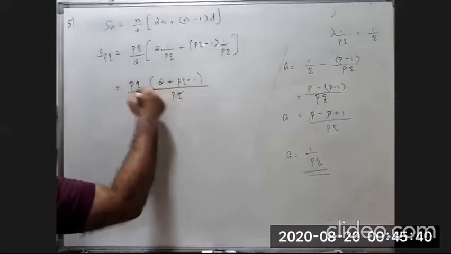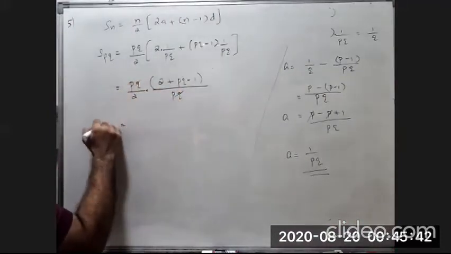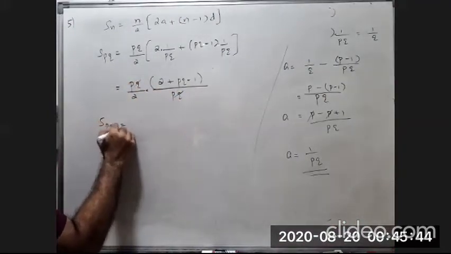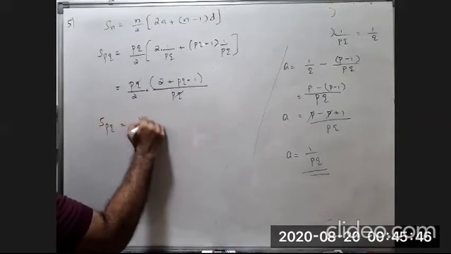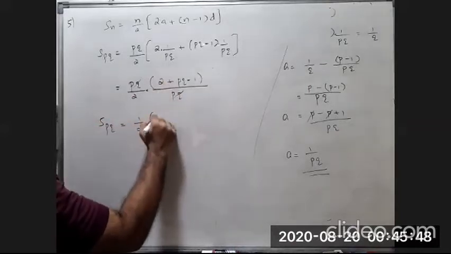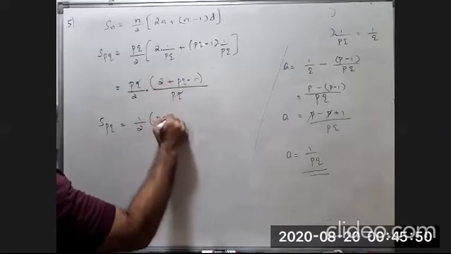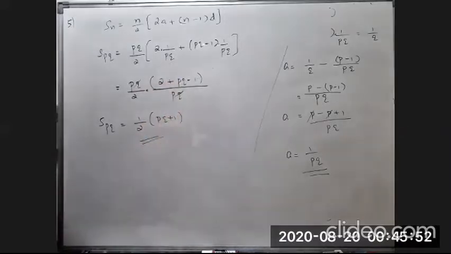So pq cancels. Left out is 1 by 2 into pq, 2 minus 1 is plus 1. So that's what we need to prove.